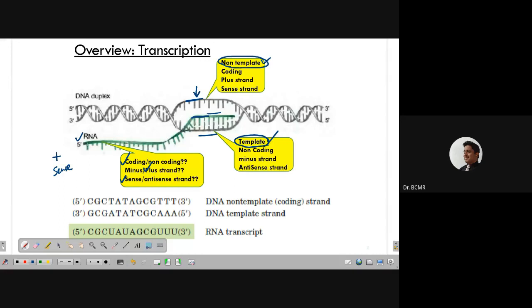The strand that acted as template in transcription is called the template. The other one, the complementary strand, is called the non-template, but it is similar in sequence to that of mRNA. So coding strand, plus strand, and sense strand. I hope you will try to catch up with those terminologies wherever used.